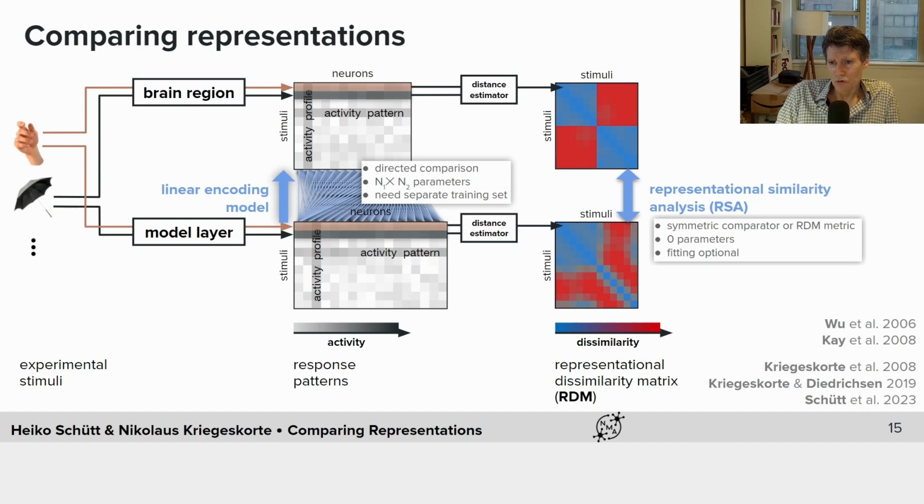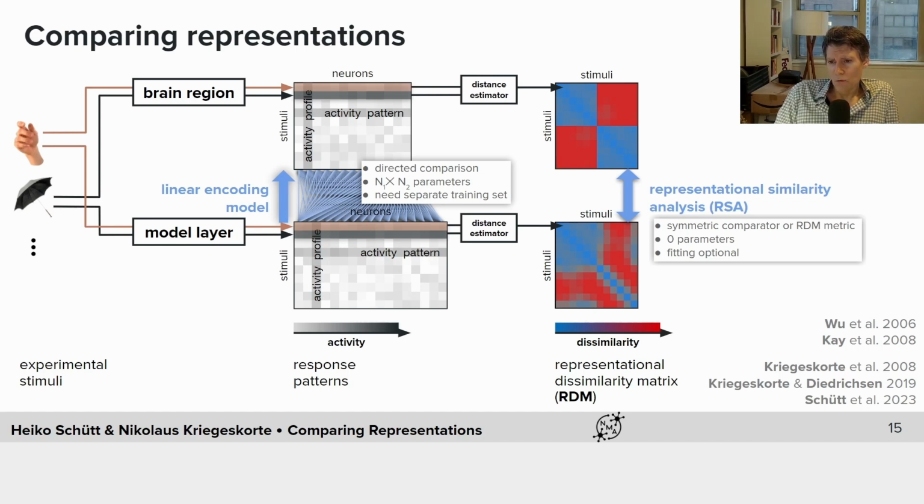For example, we could choose some symmetric comparator, like a correlation coefficient, or we could compute a simple distance like the Euclidean distance or the angle between the two representational dissimilarity matrices as vectors in a space of RDMs.